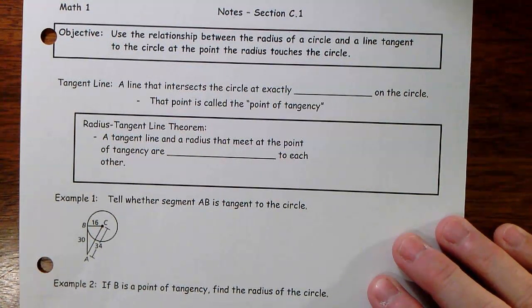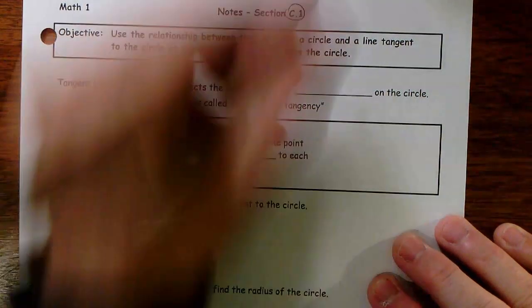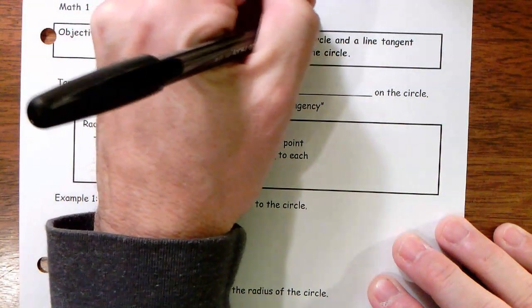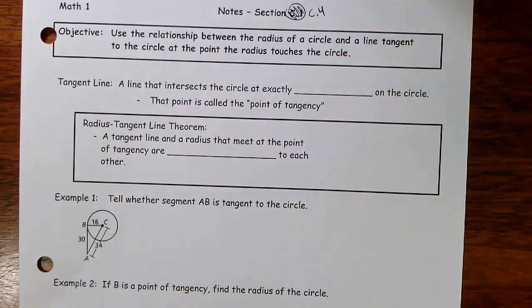And this would actually, I think, not be section C1 like it says here. I think this would actually be like section C.4, if I remember right. Hopefully that's right. And all we're going to do is look at tangent lines.